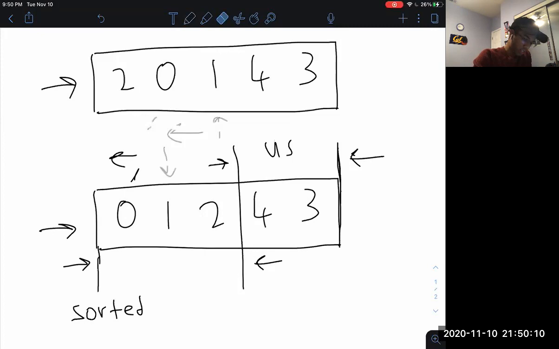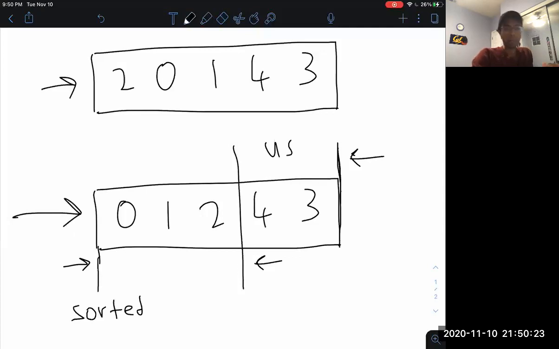And so what that tells us is that since 0 and 1 both moved leftward, they have to be sorted, right? At this point in selection sort, down here, both 0 and 1 must be sorted. Because the way that selection sort works is that we're always taking the minimum element in the unsorted portion and moving it to the left. We're always shifting sorted elements to the left of our list.